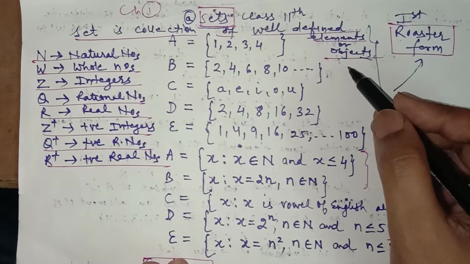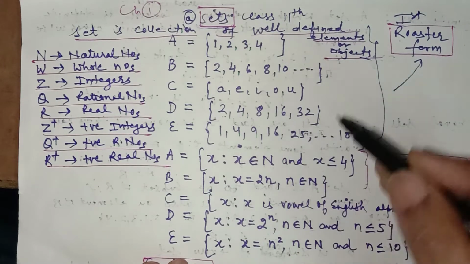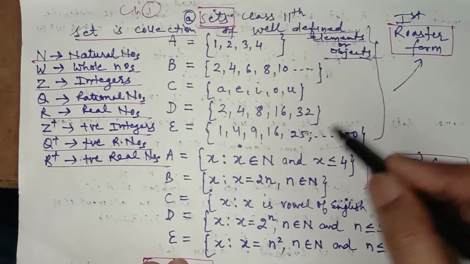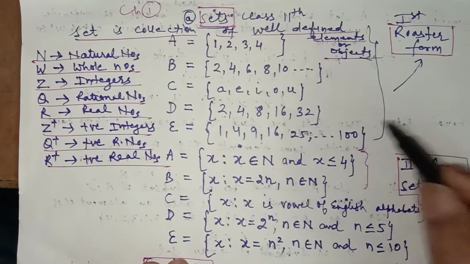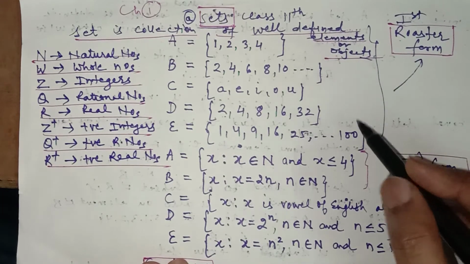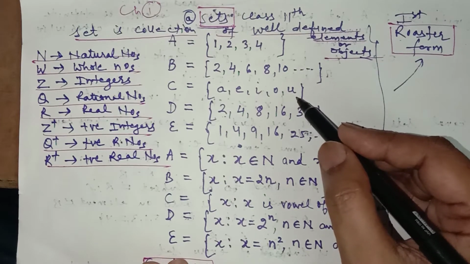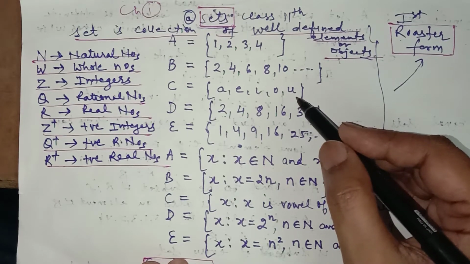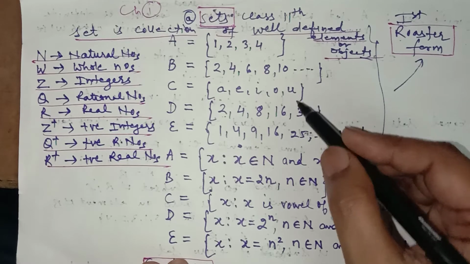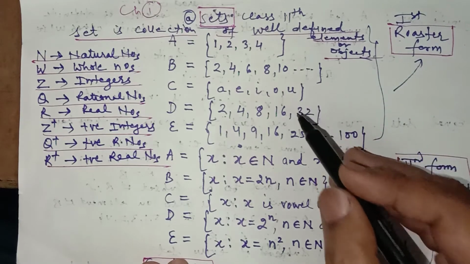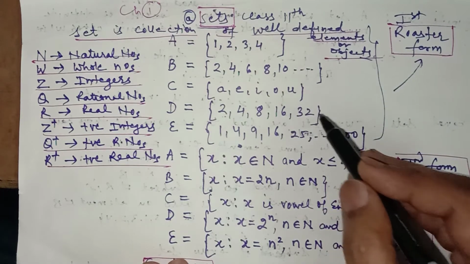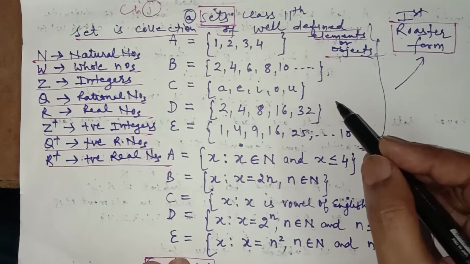It is not a set. Now if you have to make a set of the intelligent students of class 11th, intelligence we cannot define. What is intelligent? Intelligent is not well defined, so we cannot make a group of intelligent students of class 11th.